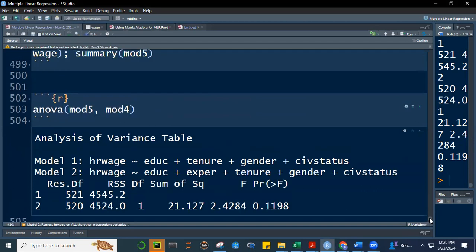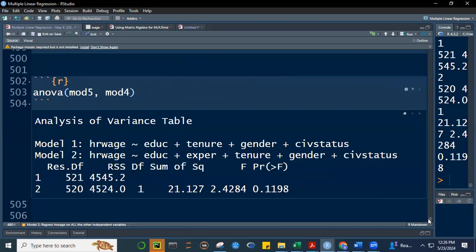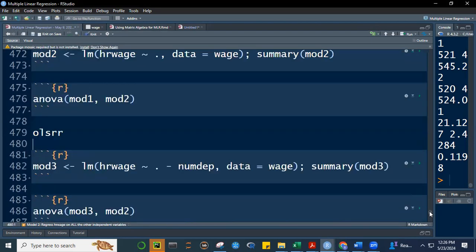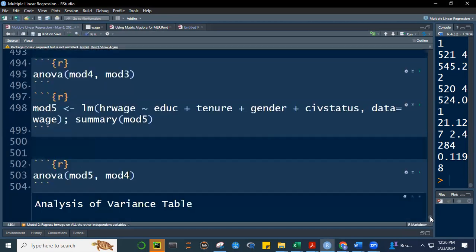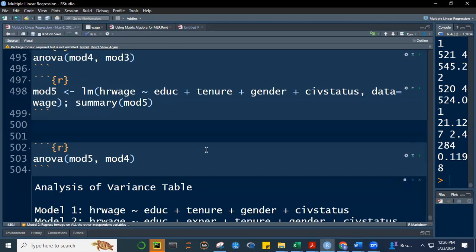So what's our final model? Let's take a look at model number 5, the summary.